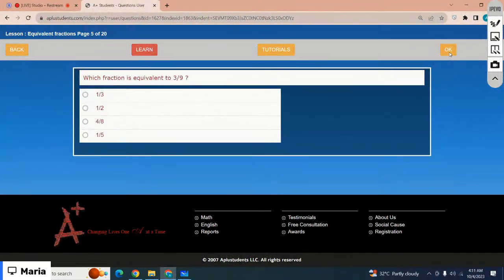Okay, the next one is which fraction is equivalent to 3 over 9? Which is the correct option? 1 by 3, 1 by 2, 4 by 8, 1 by 5. Which is the correct option?